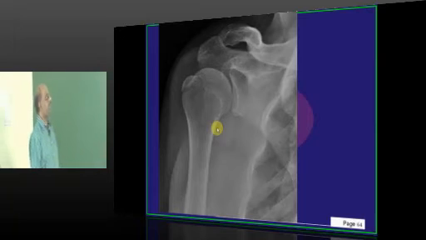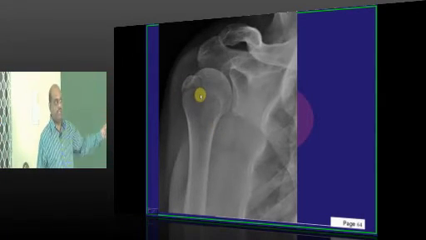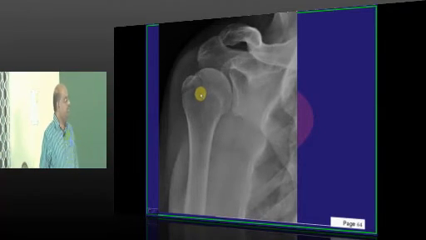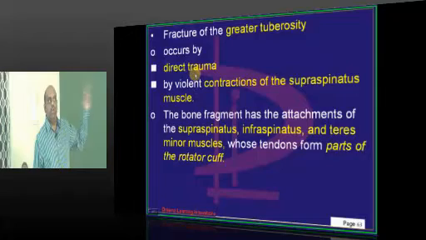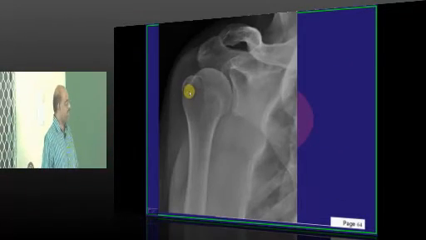Then fracture of the greater tuberosity. Anyway, we will discuss this in a much more detailed way in ortho, but what is the importance of this? Any direct trauma will lead to it.